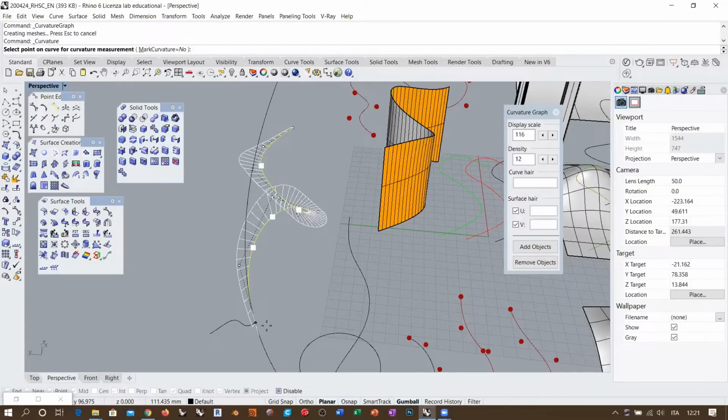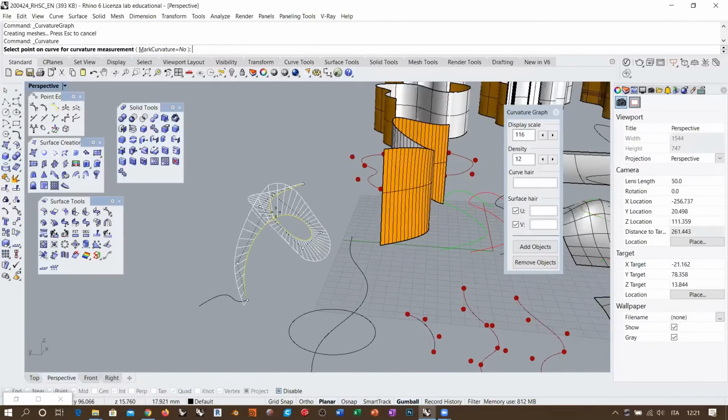Okay, so let's disable the snap here. So you see that it changes not only its radius, but also its orientation, okay? So this means that this curve is twisting, right? So orientation and twisting are basically the same aspect of one single geometrical property in this case. It's not a topological property, but a geometrical property.